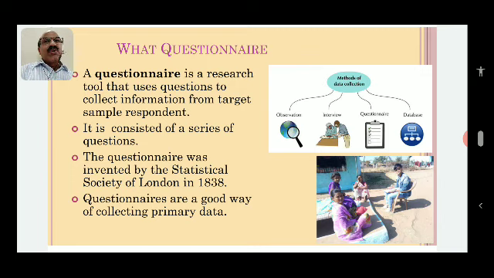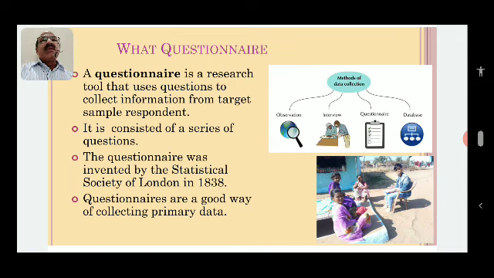Then you can have a questionnaire where you have one pre-prepared set of questions, and then there are other data sources from various data files or already prepared data like census. So you have various ways to generate data. So one important data collection tool is the questionnaire.